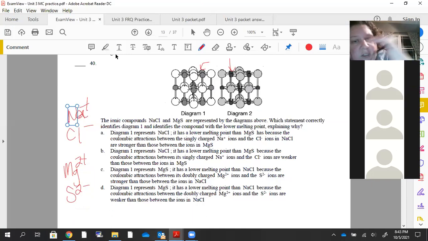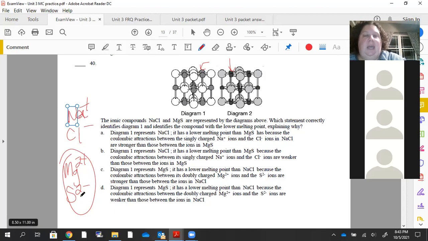So size isn't a huge difference. This charge thing is going to be a big difference. So magnesium and sulfur are going to be held together with a stronger force because of that +2 -2 instead of the +1 -1. That goes back to those Coulombic forces that we've been talking about forever.